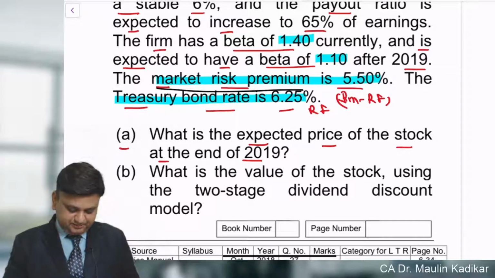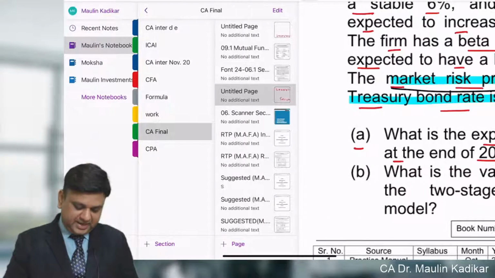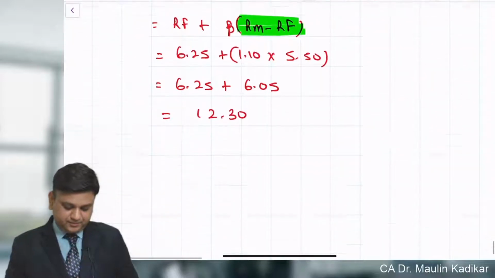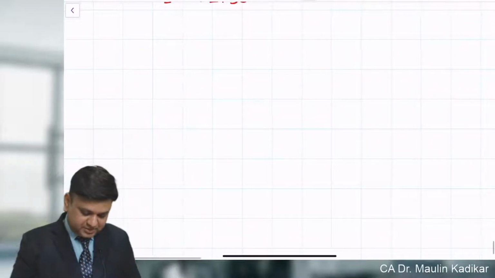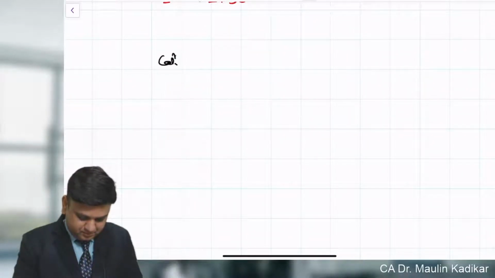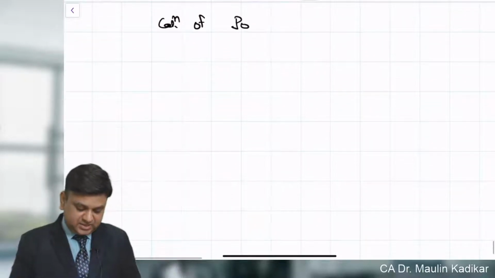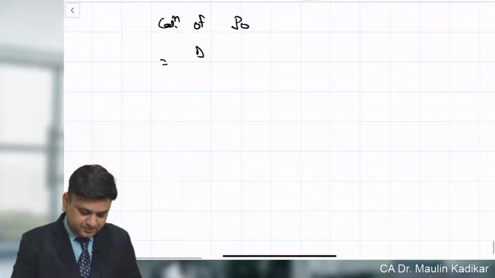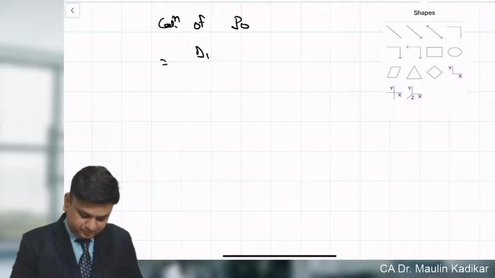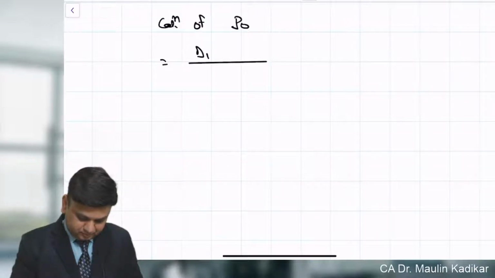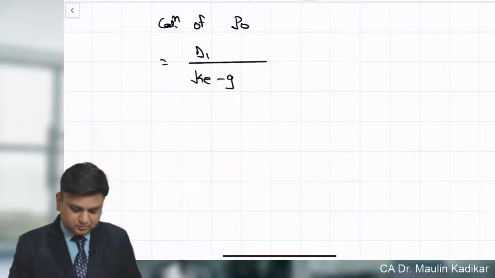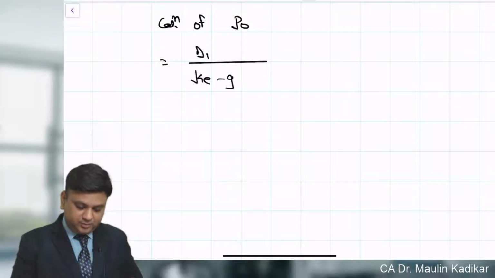So let us see the calculation of the answer further. Calculation of P0. It is D1 divided by K minus G. I'm sorry, we have to compute P3.